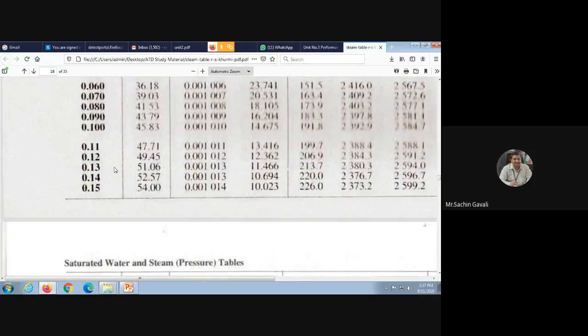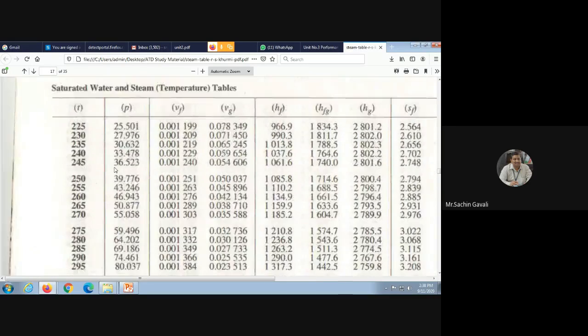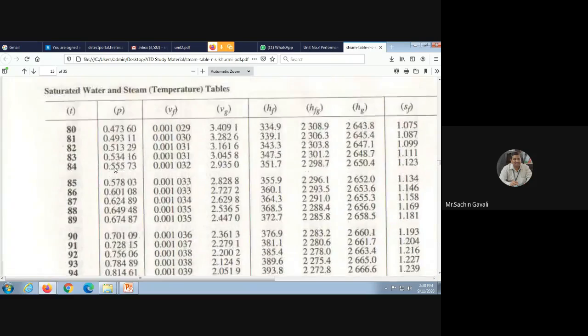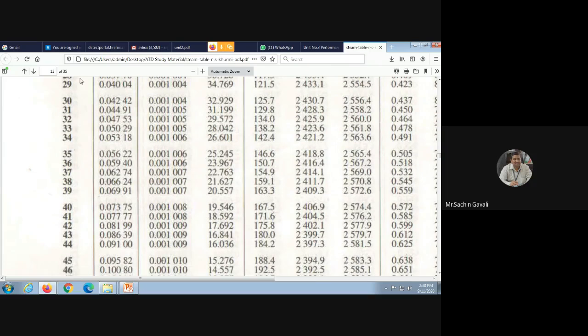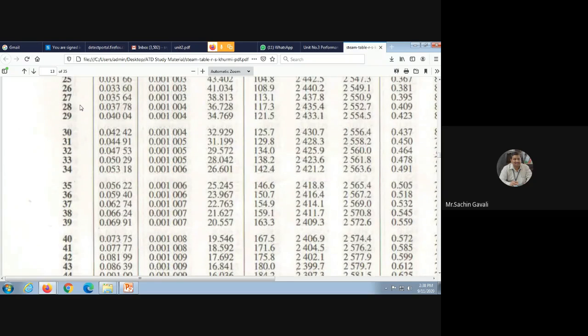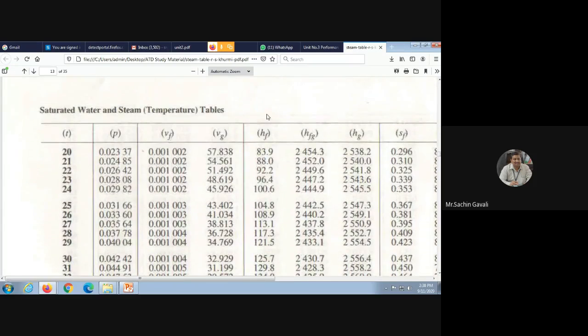Pressure is not given, temperature is given, so in table number 1 the temperature is 30 degrees Celsius, and 30 is available. Good. What do I have to see? The HF value. HF at 30 is 125.7.